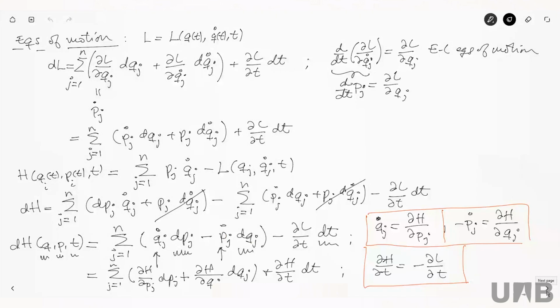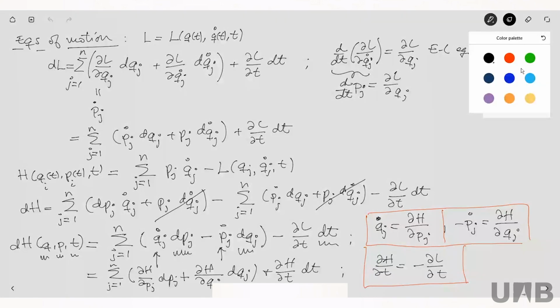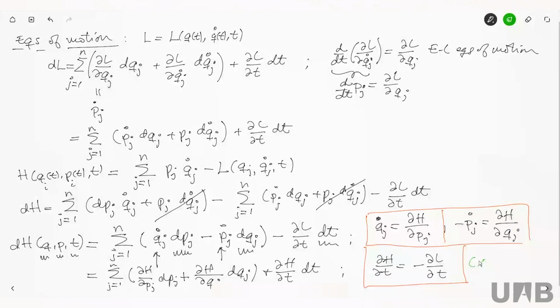Okay. So we just obtained Hamilton's equations just by doing this. And notice one important result, which is this one here: the explicit time dependence of the Hamiltonian is directly related to the explicit time dependence of the Lagrangian. So if the Lagrangian has no explicit time dependence, I mean not the time dependence through the variables q and q dot, but the explicit time dependence t.